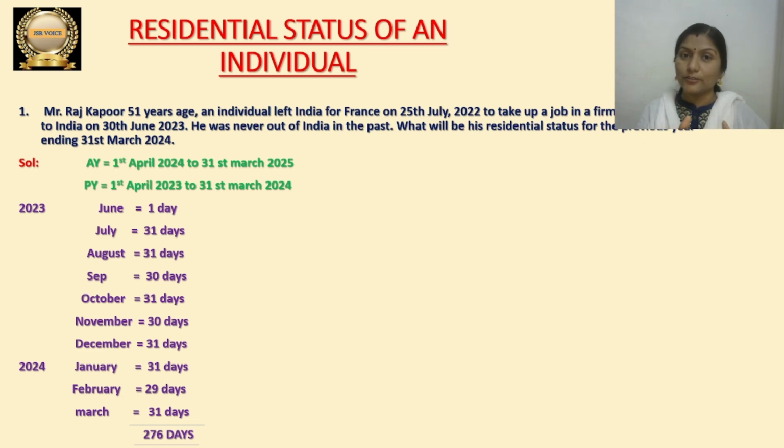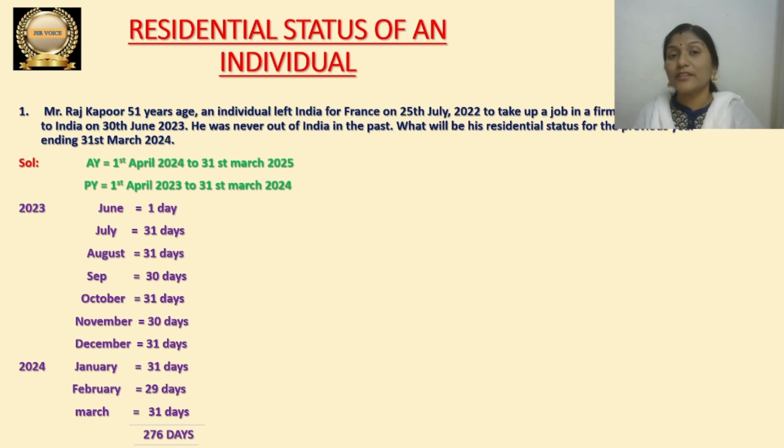Here we have to count in total how many days he stayed during the previous year. If you count from June onwards till March 2024, we get a total of 276 days. In April he was not there, in May he was not there, in June he stayed one day, and later he stayed till the end of the previous year.